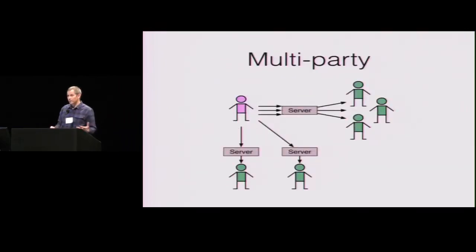Of course, people don't want just two-party messaging, they want multi-party messaging, and so what you broadly see in the messaging space is then people building their multi-party messaging on top of the two-party protocol. So you just send multiple messages to people to communicate to a group.